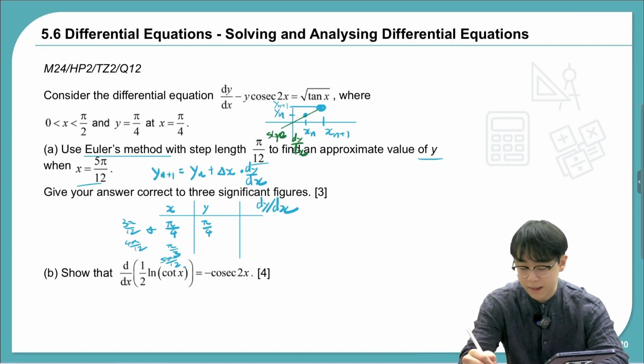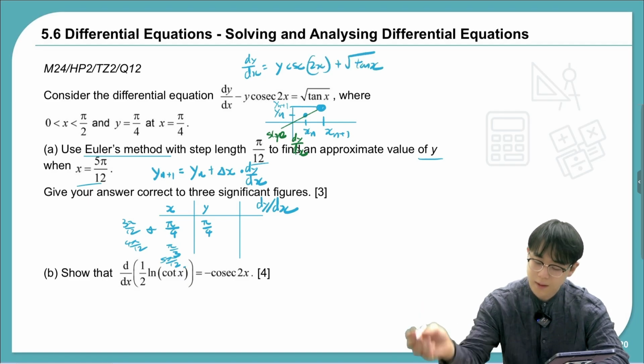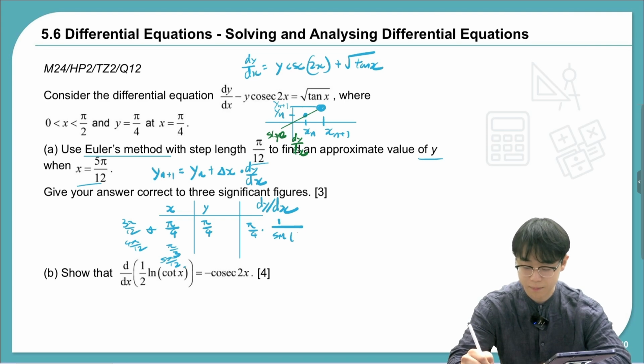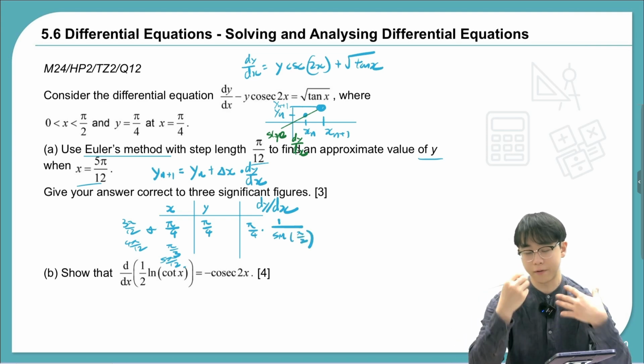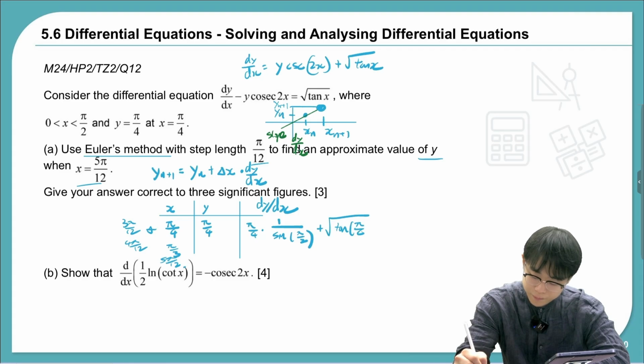So we can find what dy over dx is going to be. dy over dx is y cosecant 2x plus square root of tangent x, right? So dy over dx is just going to be pi over 4 times cosecant. I'm just going to write 1 over sine, so 1 over sine times pi over 2, because pi over 4 times 2 is pi over 2, plus square root of tangent of pi over 4.